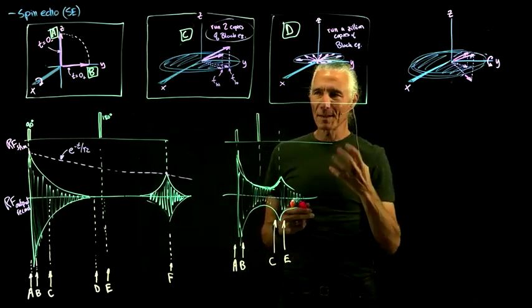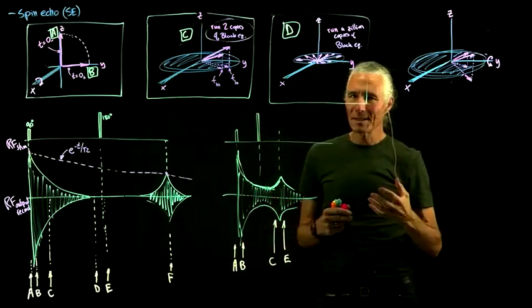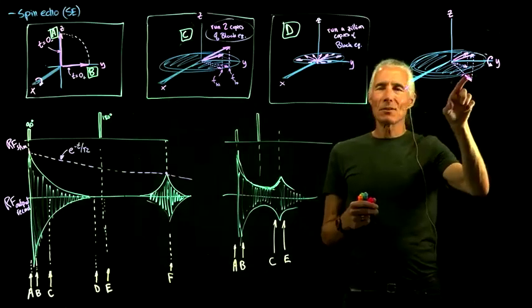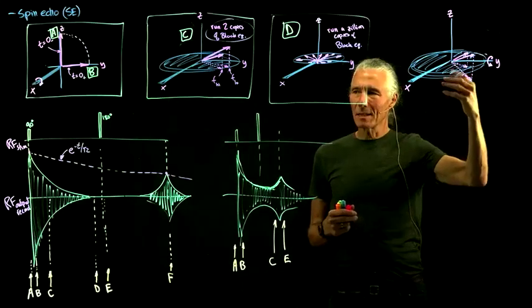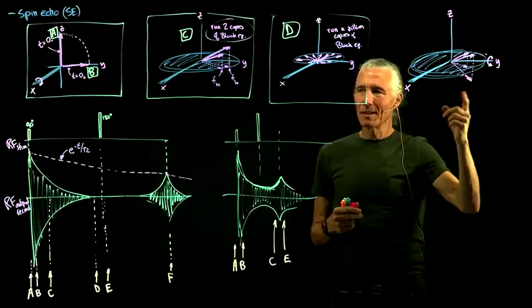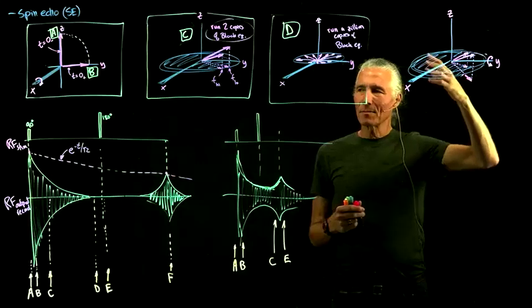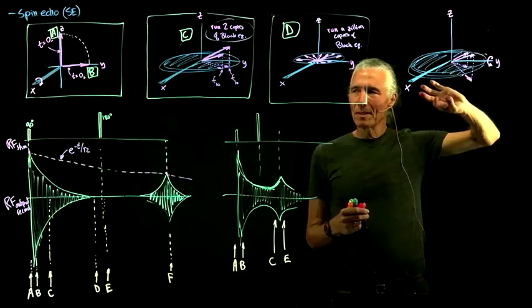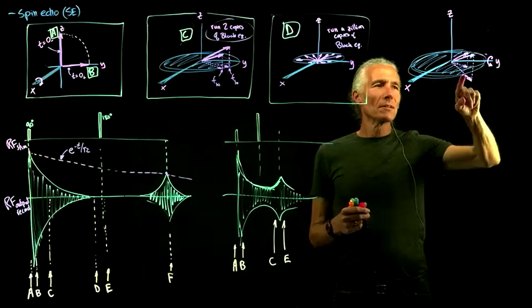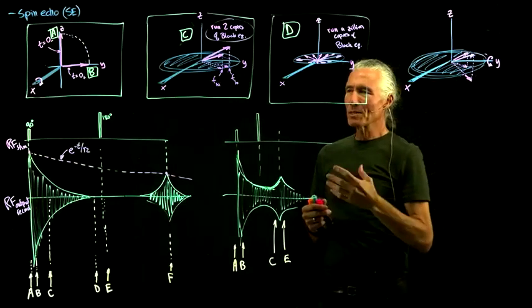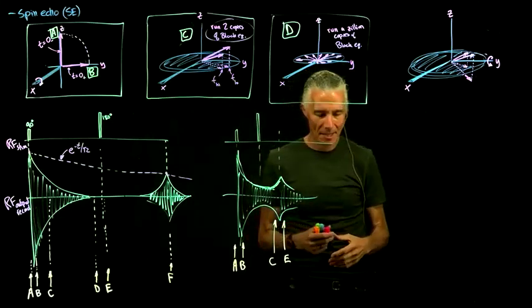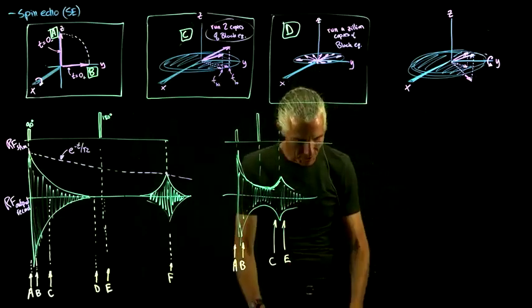So that's fundamentally what the cause of the echo is. The cause of the echo is they're still precessing in the same direction around the z-axis, but when you popped them 180 degrees around, you cause the one that was the most ahead to be the most behind, and the one that was the most behind to be the most ahead.